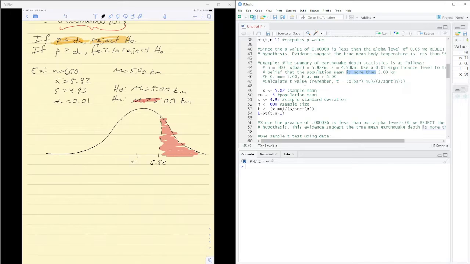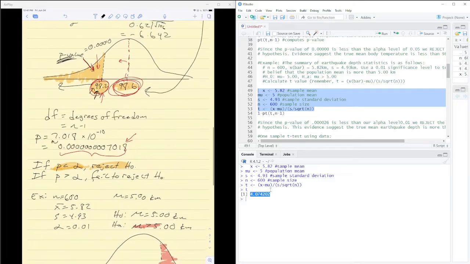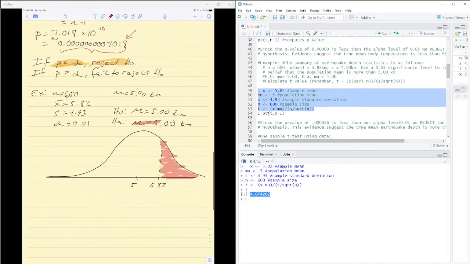This is all the same except for one detail. Our t-test statistic in this problem is 4.074. Before, we found this proportion, which was off to the left. Remember, by default R gives you the lower tail, the probability that it's less than. If I want the opposite end, I need to do 1 minus.